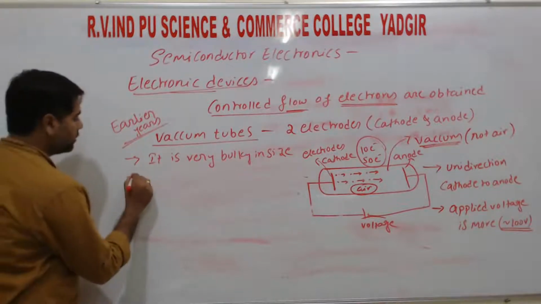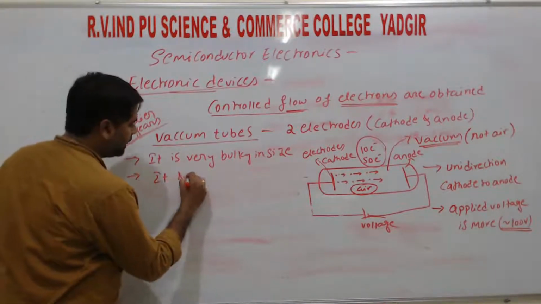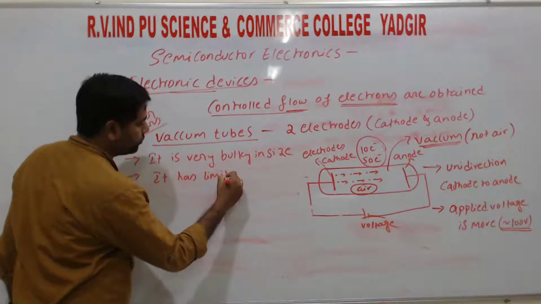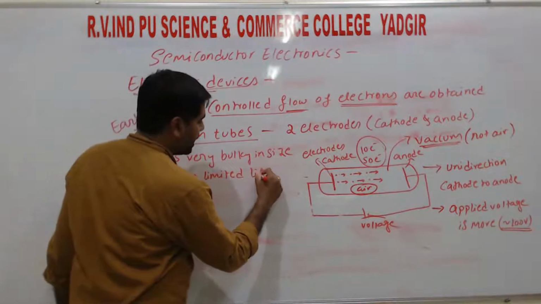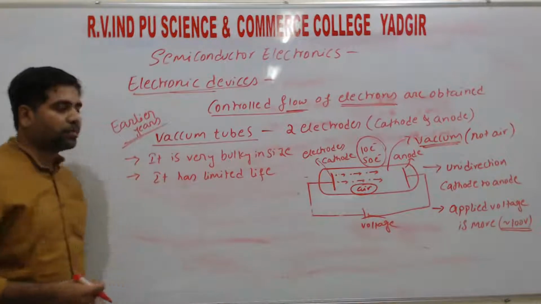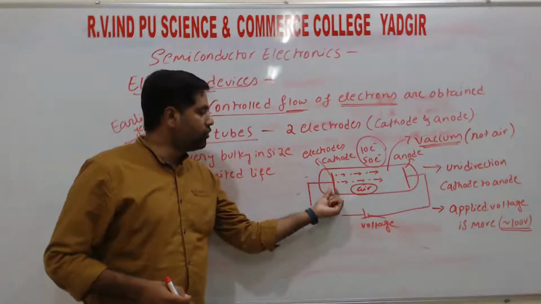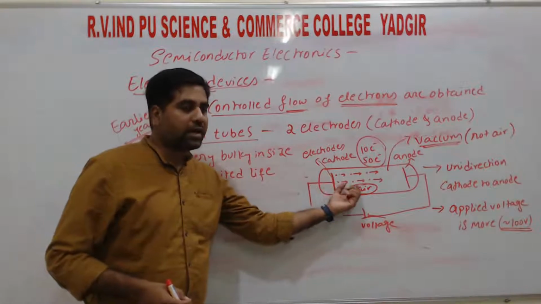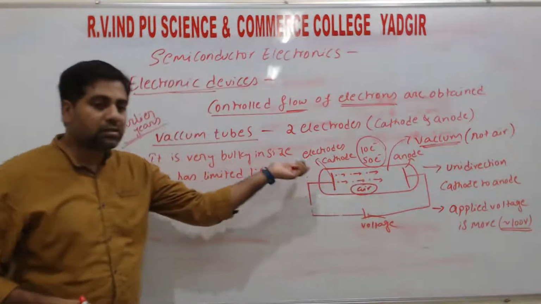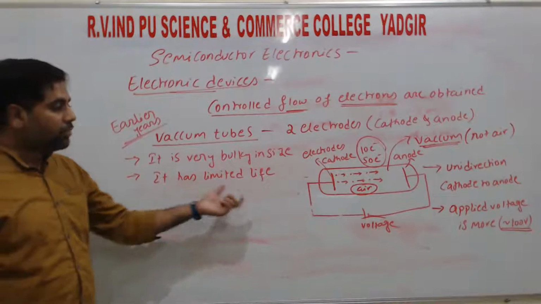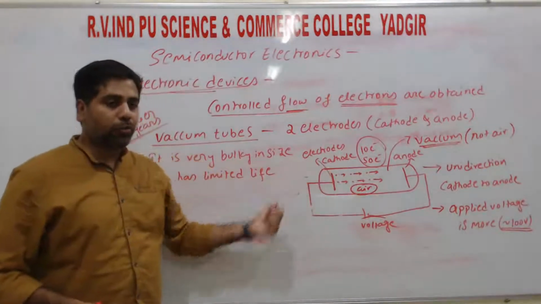It has a limited life. That means it works for a certain period of time. After emitting electrons from the cathode, the life of the vacuum tube is over. Then we need to replace it with another tube, right?